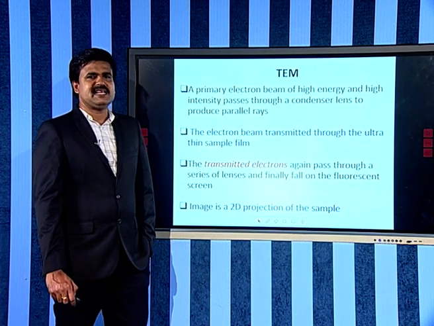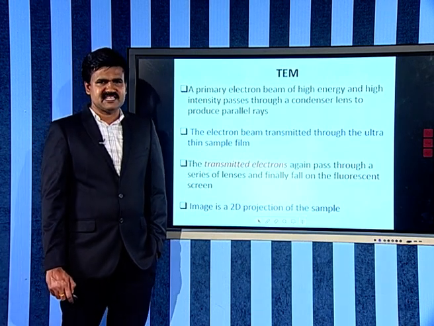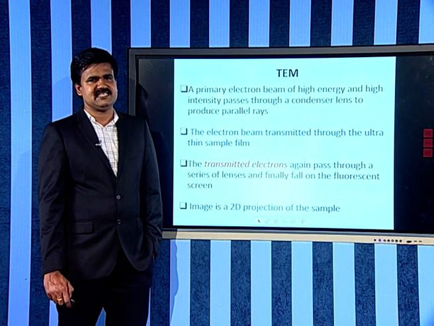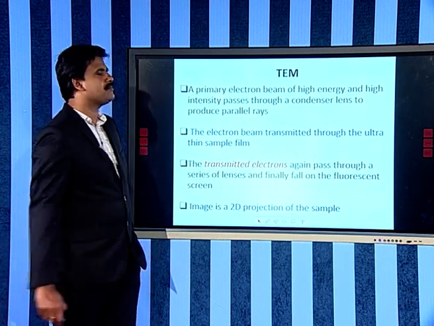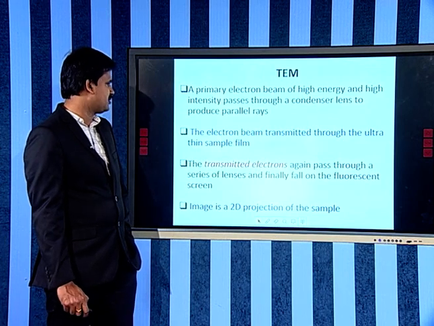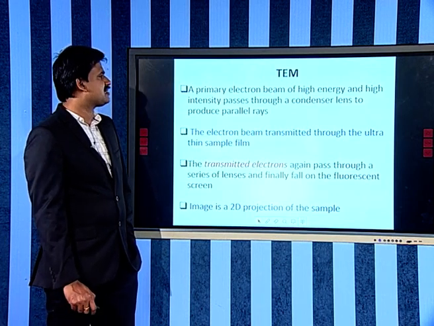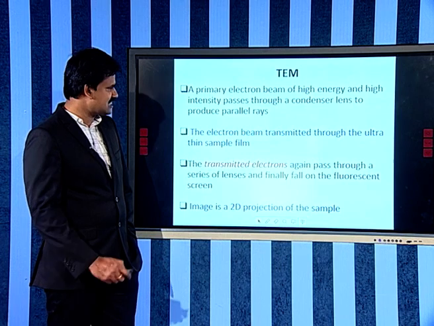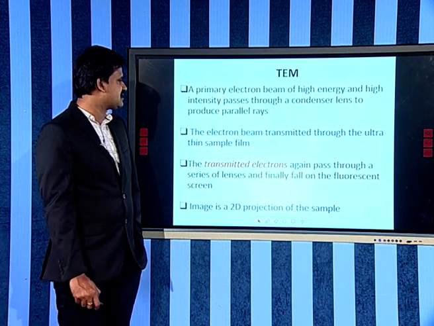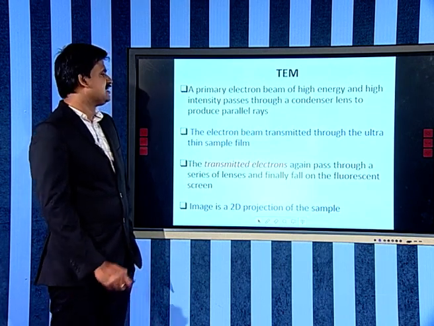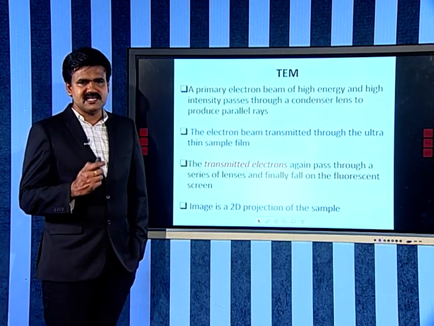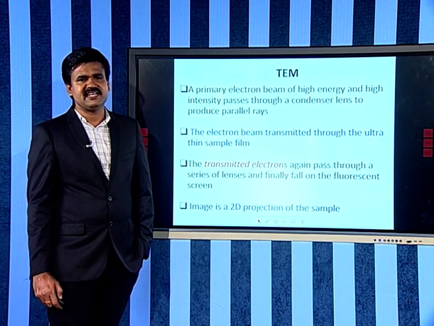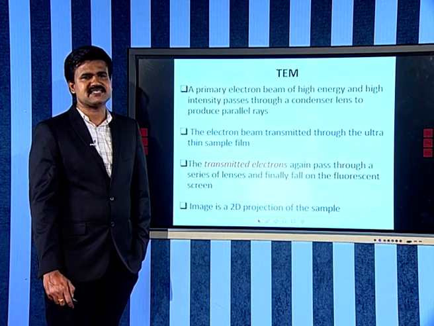A primary electron beam of high energy and high intensity passes through a condenser lens to produce parallel rays of electron. The electron beam is transmitted through the ultra thin sample film. The transmitted electrons again pass through a series of lenses and finally fall on the fluorescent screen.